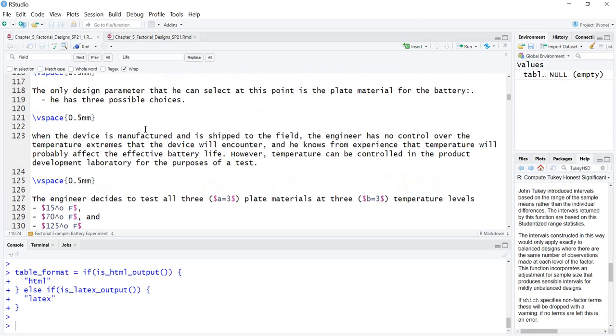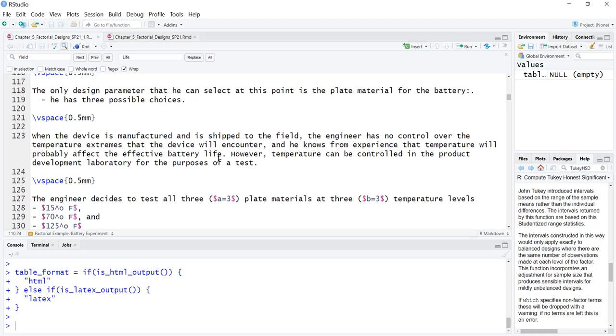When the device is manufactured and shipped to the field, this engineer has no control over the temperature extremes that the device will encounter, and he knows from experience that temperature will probably affect what we call effective battery life. But the temperature can be controlled in the product development laboratory for purposes of the test.